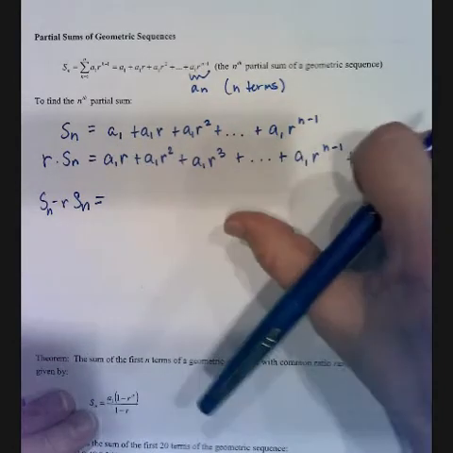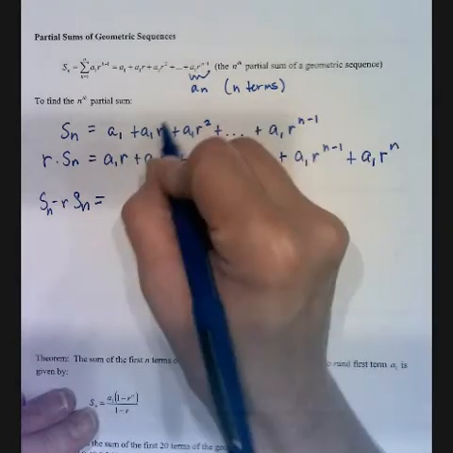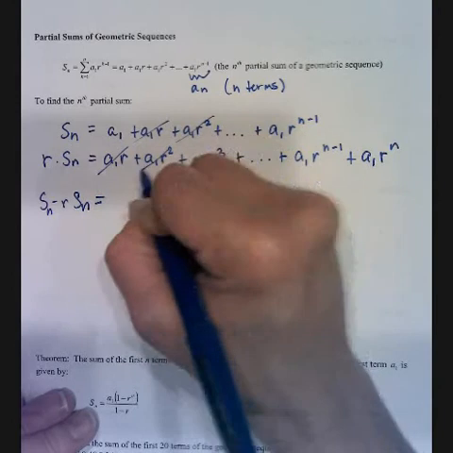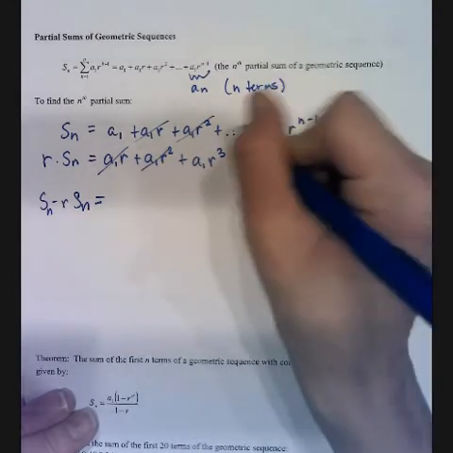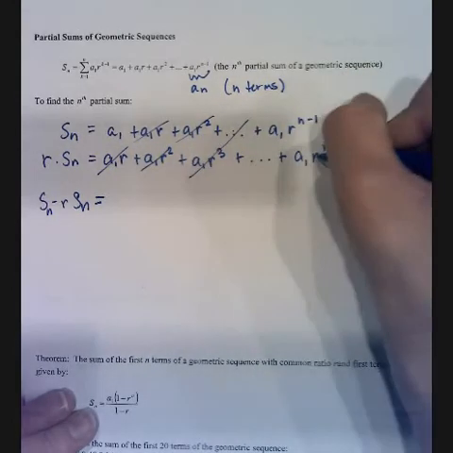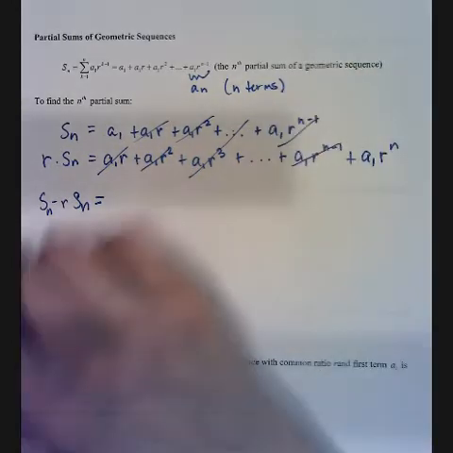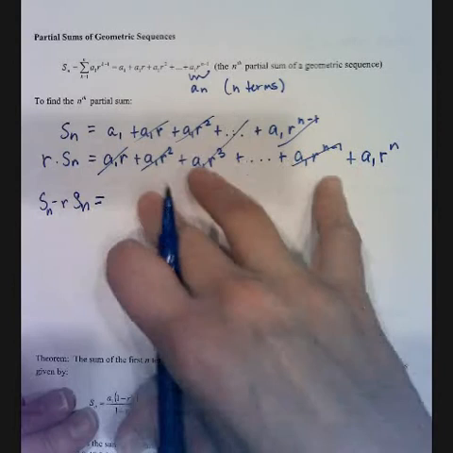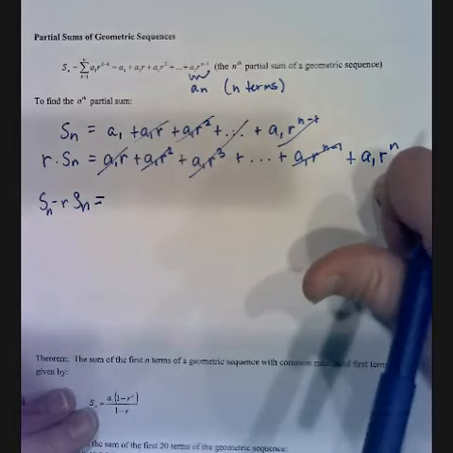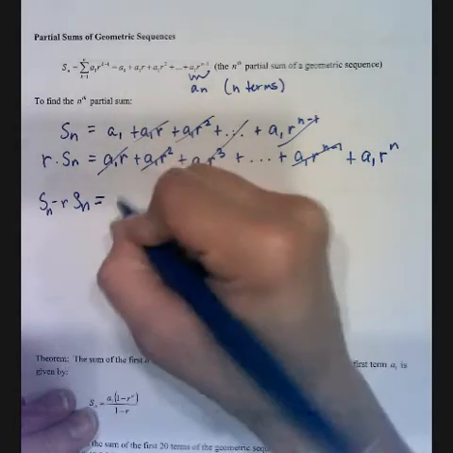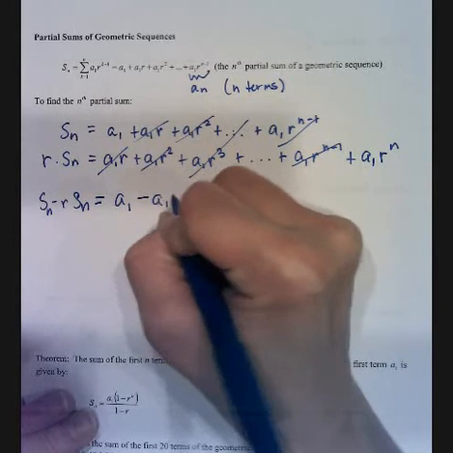So this will cancel this, this will cancel this, etc. The next term here cancels this, and these also cancel, so everything basically collapses except for the first term and the last term. So you end up with a sub 1 minus a sub 1 r to the nth power.